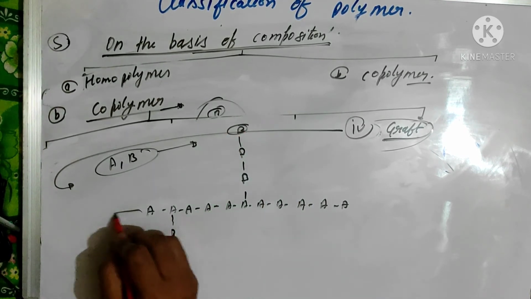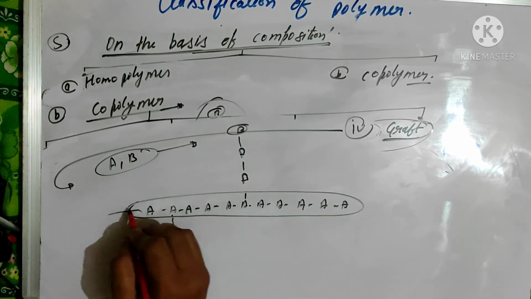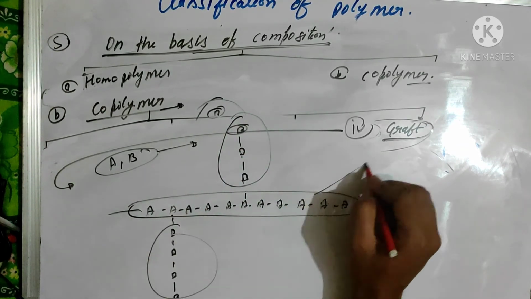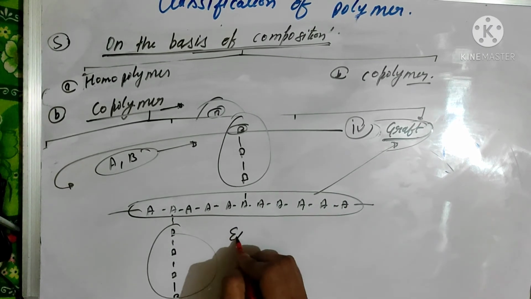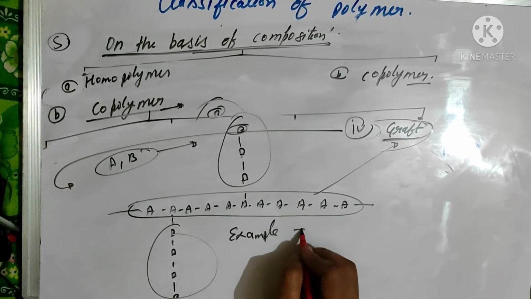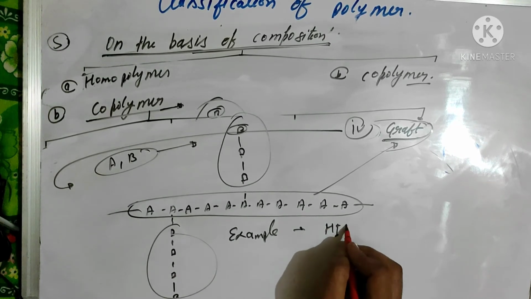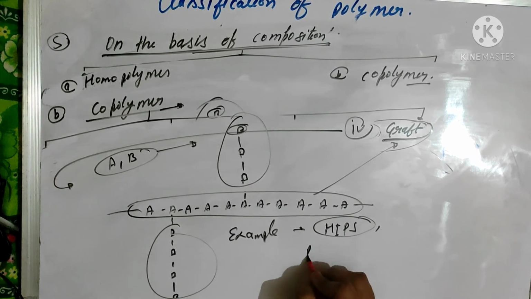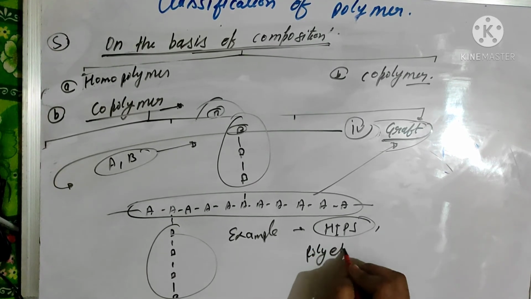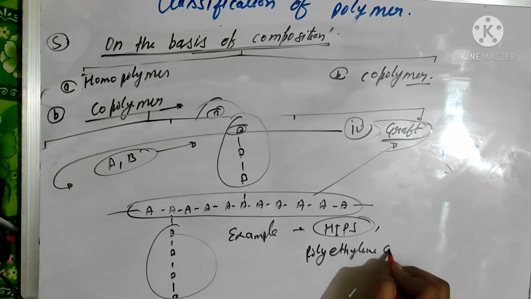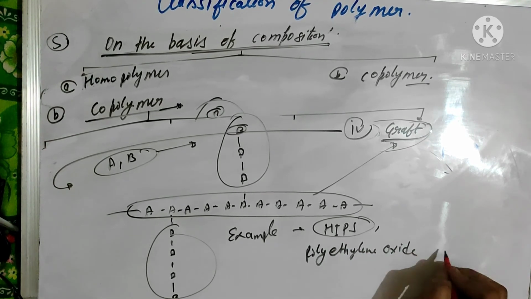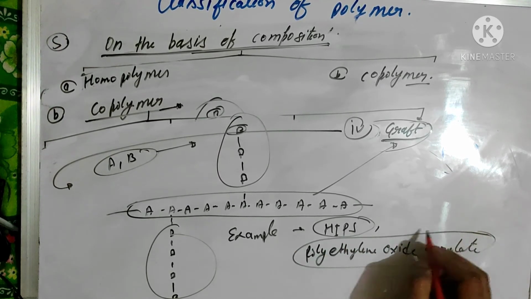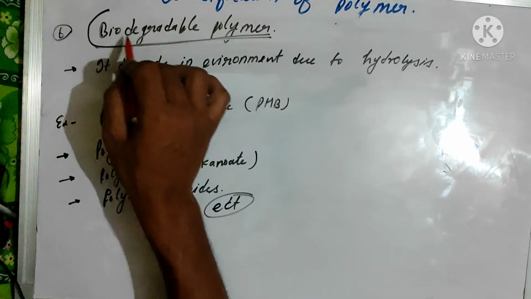You can see the main polymeric chain contains only monomer A and the branches contain only B. So this polymer comes under the graft copolymer. Some examples of graft copolymer are HIPS, high impact polystyrene, and polyethylene oxide acrylate. These polymers also come under the graft copolymer.